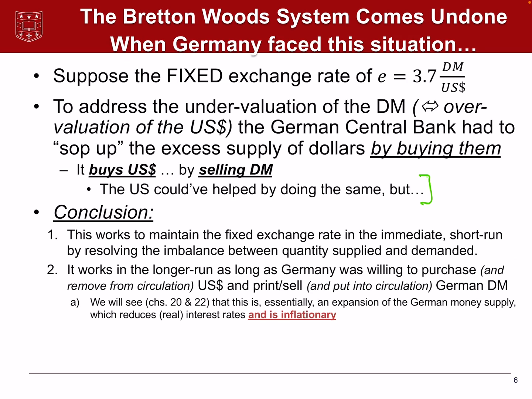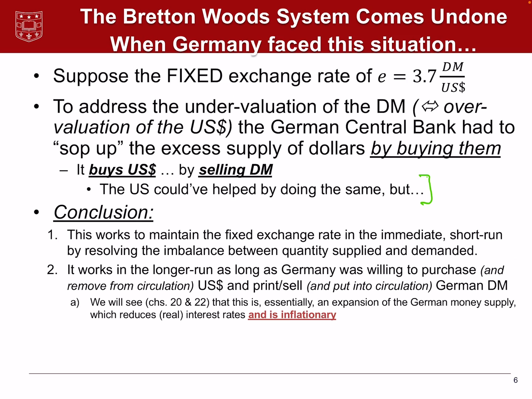Now, what is the consequence in Germany? Effectively, what Germany is doing is printing Deutschmark, printing Deutschmark, printing Deutschmark, so issuing more and more Deutschmark. Now, in the foreign exchange market, that does what we want it to do, but in the domestic economy, having more and more of a country's currency tends to drive up prices. We'll see this especially in chapters 20 and 22.